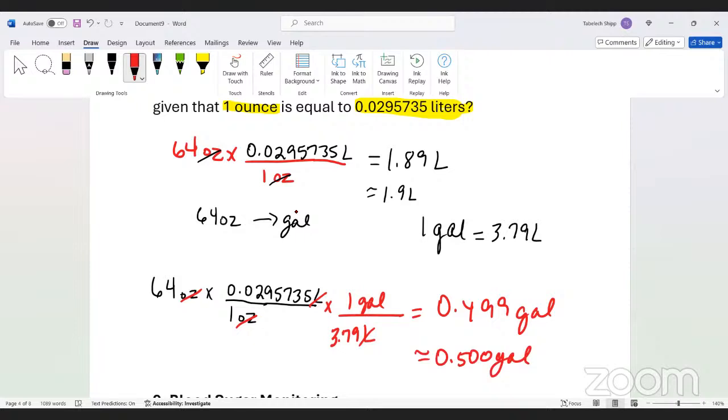All right, so that's just one example there in terms of multiple steps and why I'm using the conversion factor saying over 1, because sometimes you may have to flip it and say, you may have to convert the liters to an ounce. And this time your ounces will be on top and your liters will be on the very bottom. Okay? All right.